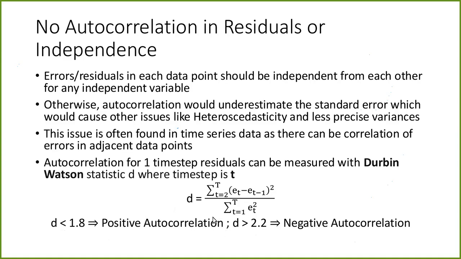That means there's autocorrelation higher than 0, and if the D value is higher than 2.2, we call it a negative autocorrelation, right? Because of that, when you are doing time series, you can use a statistic like the Durbin-Watson statistic and make sure it is between 1.8 and 2.2.